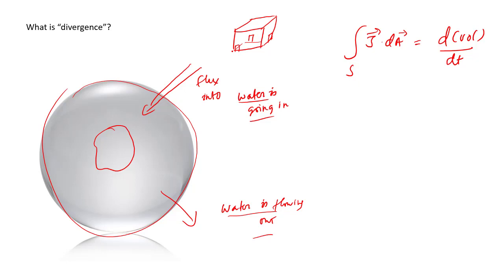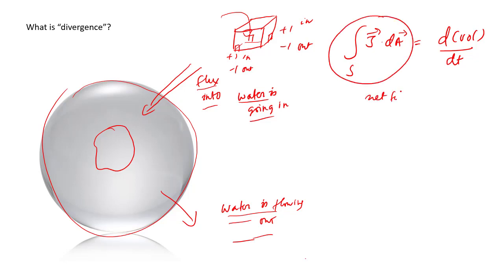If you enter the building, I keep a counter of +1 for in, and -1 for out at each door. By keeping track of this flux, I can see how the number of people inside is changing. In a similar way, by keeping track of flux into it and flux out of it, the net flux, we can see how the volume of water within this sphere is changing.